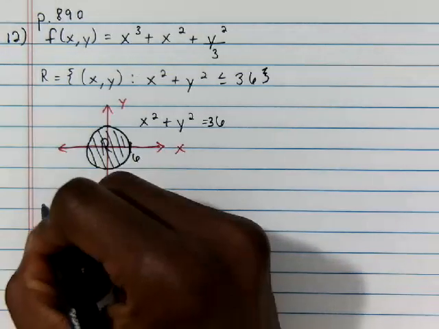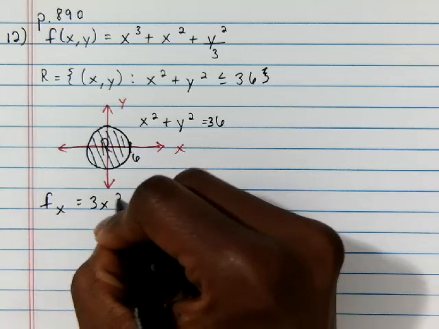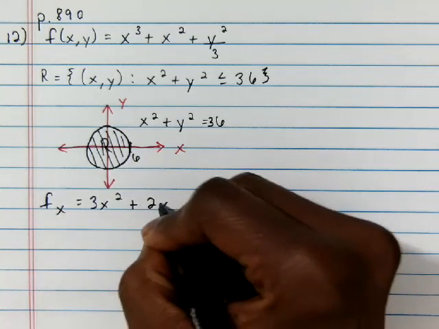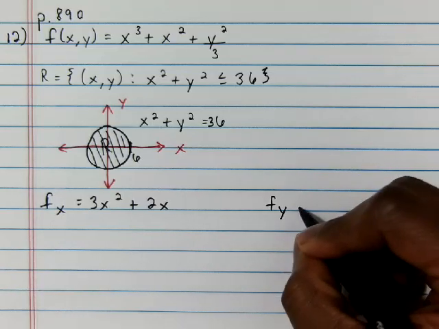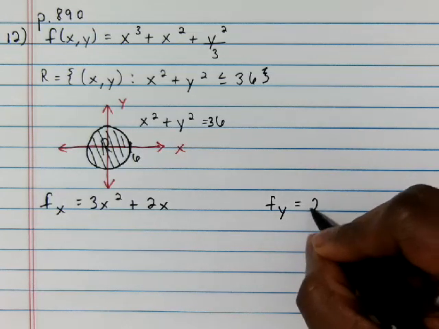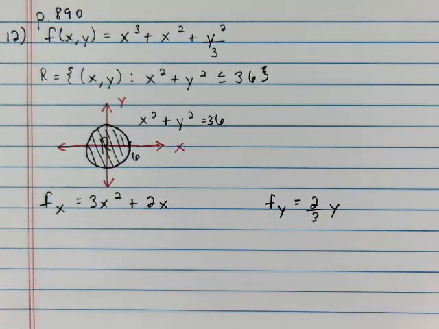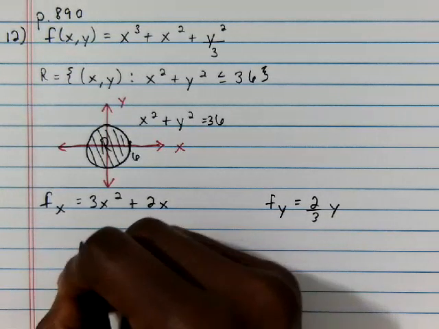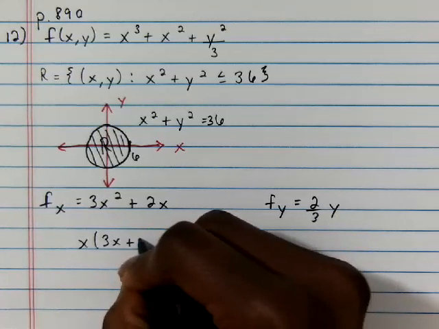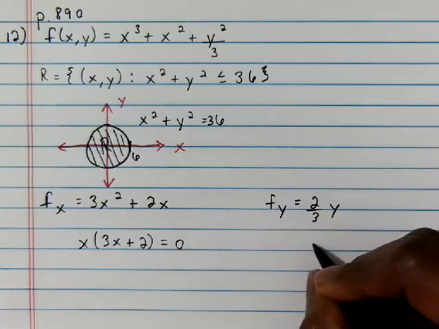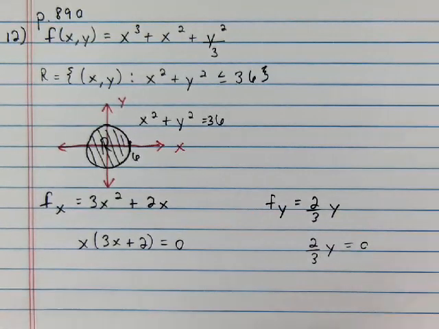So first, our partial of f with respect to x is 3x squared plus 2x, and our partial of f with respect to y is 2/3 y. Setting these both equal to 0, we get x times 3x plus 2 equals 0, and over here 2/3 y equals 0.